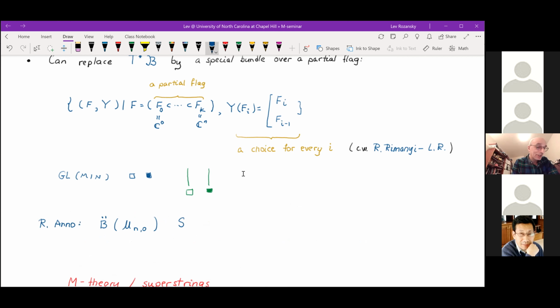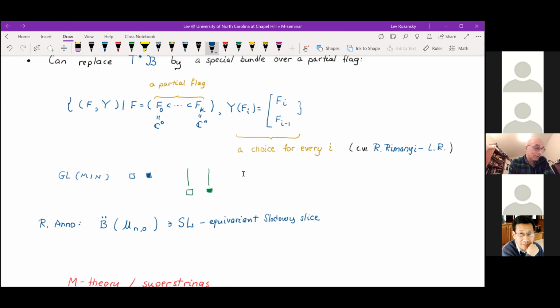Let me call it SL. That's the equivariant Slodowy slice. Again, it is a symplectic variety with the action of GL_N.